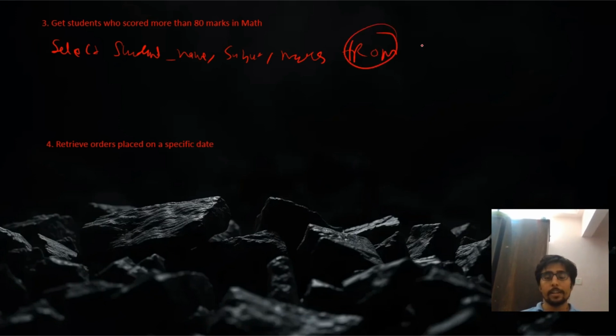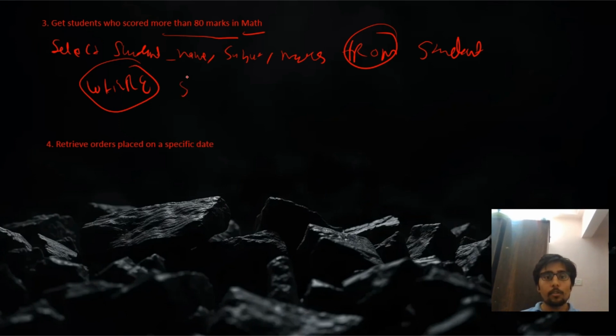From clause, right? From which table name? Let's say student. Where, right? Why are we using where? Because we need a condition of more than 80 marks. So where subject is maths, right?